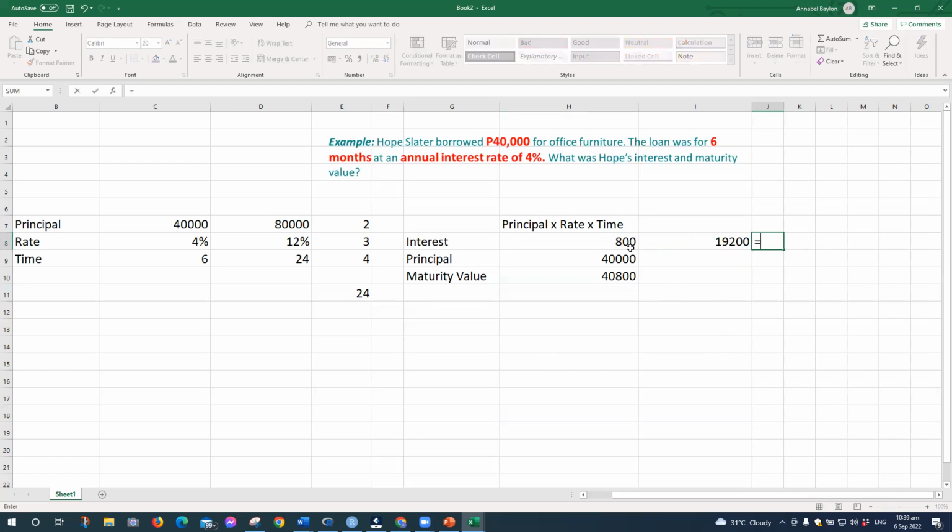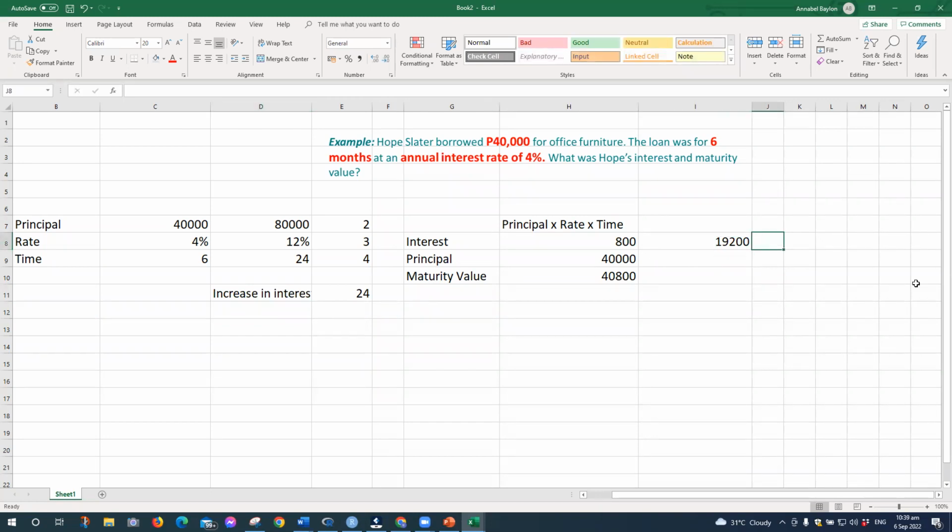It's equal to 800. Wait. Our interest will increase by, this is the increase in interest, no? This is the total increase in interest.